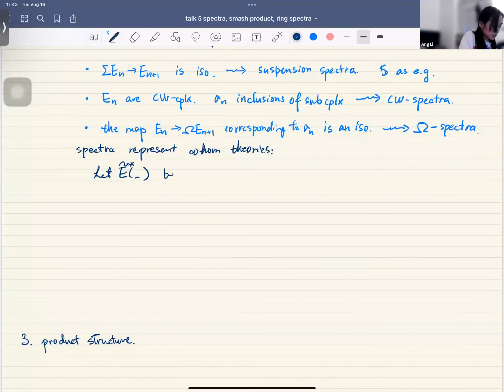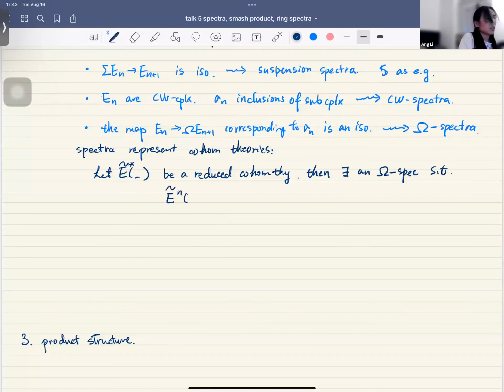Then we can find an omega spectrum such that, if we plug in n for the grading and plug in X into the theory, we get this homotopy class of mapping space for each n.